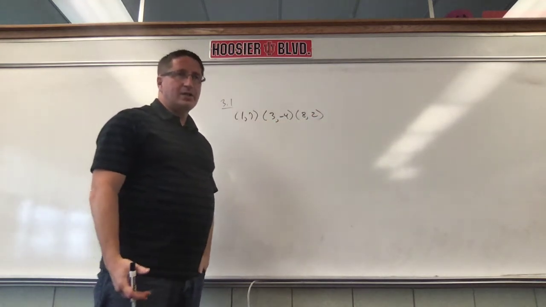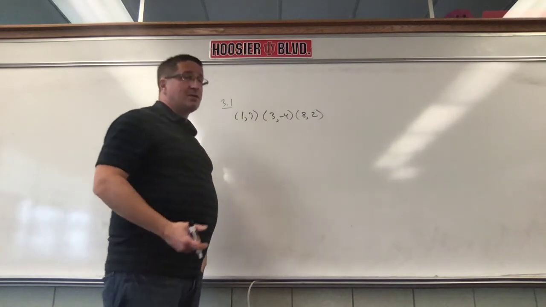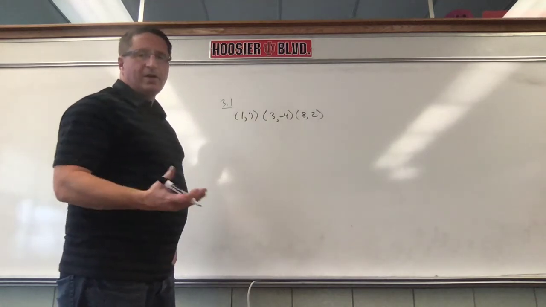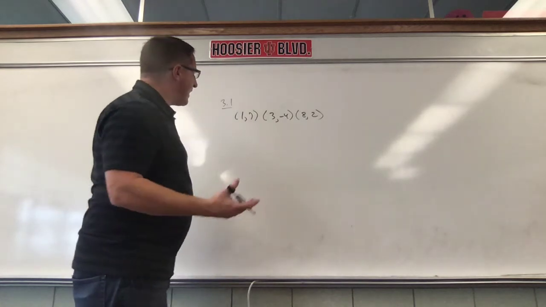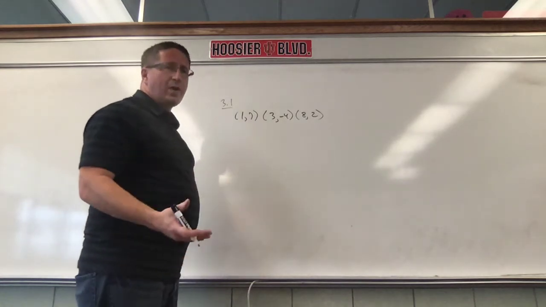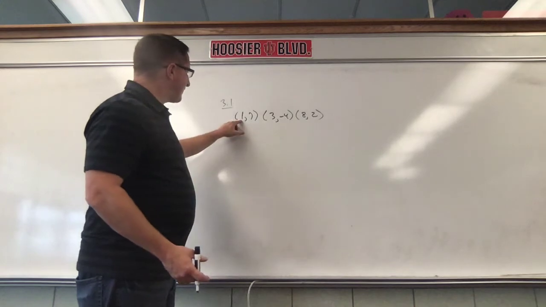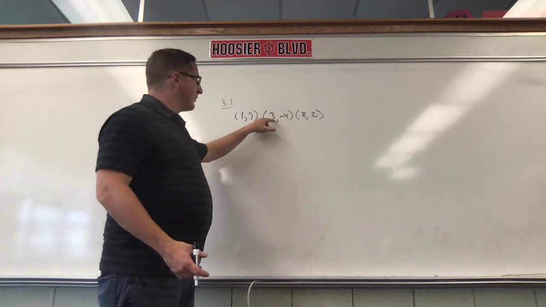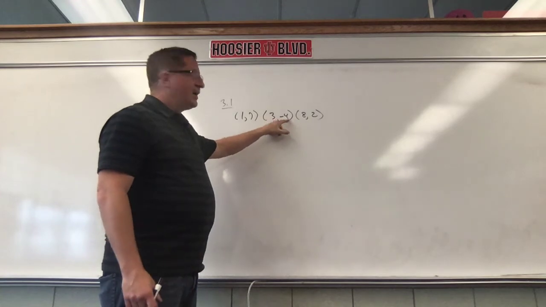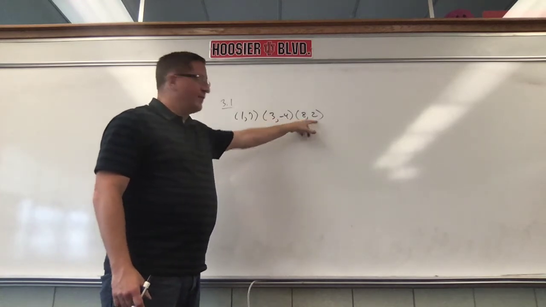That is a relation. Now, that's also something called a function, okay? A function is a special type of relation, and that's where every x is paired up with only one y value. For example, this x value 1 is paired up with only 7. This x value 3 is only paired up with one y value, -4. And this x value 8 is only paired up with one y value, 2.